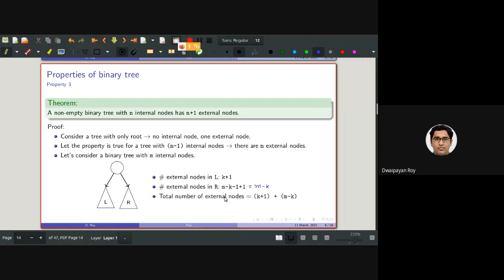So the total number of external nodes will be k plus 1 in the left subtree, and m minus k in the right subtree. Altogether, if you do the math, it will be m plus 1. So by induction, we have proved that if there are m internal nodes in the binary tree, then the number of external nodes will be m plus 1.